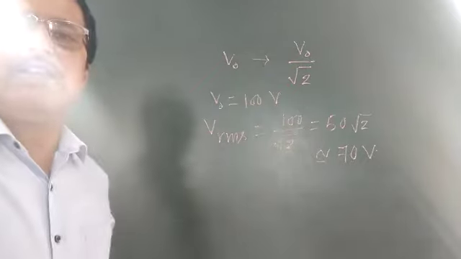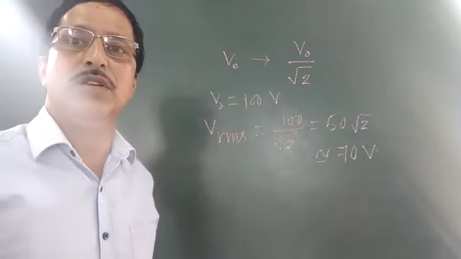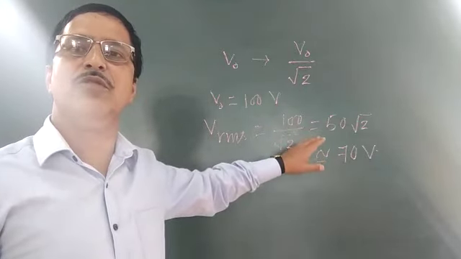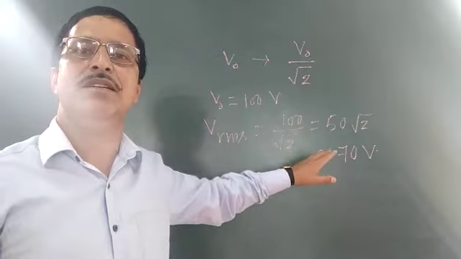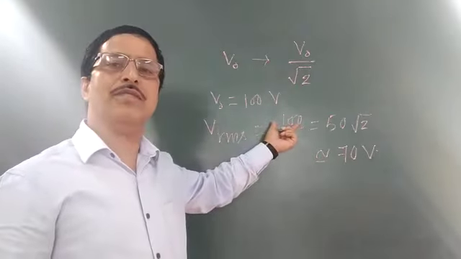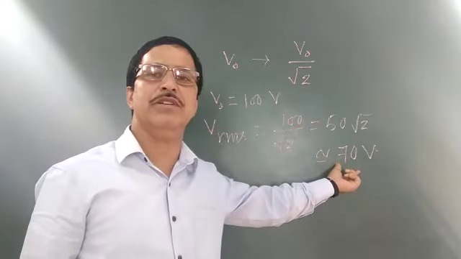So an alternating voltage of peak value 100 volt has an effect of approximately 70 volt of DC in the circuit. So we will say that if a voltage has peak value 100 volt, then its effective value is 70 volt.